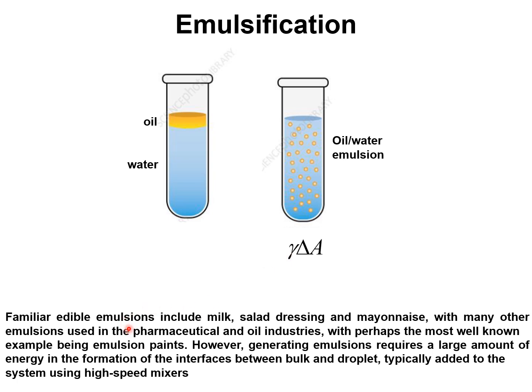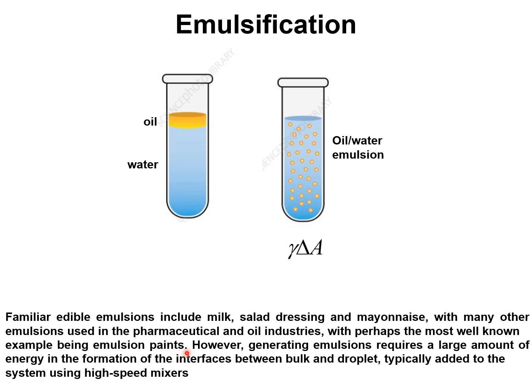Familiar emulsions that are edible include milk, salad dressing, and mayonnaise, and there are several other emulsions used in the pharmaceutical and oil industries, perhaps the most well-known example being emulsion paints.